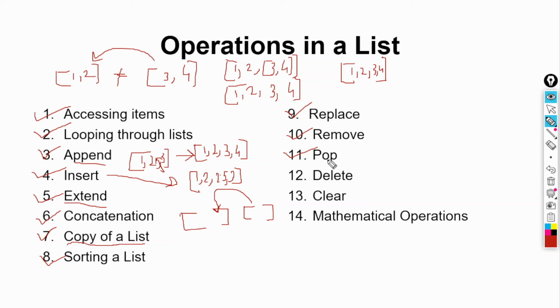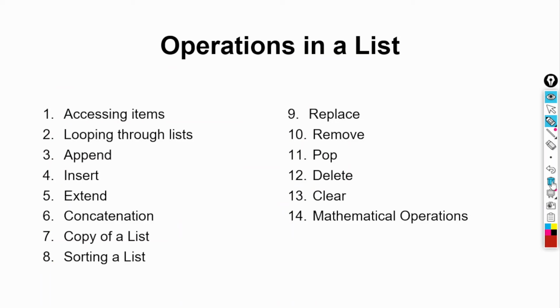Same as pop. Pop is just used to pop any item. Delete is used to delete the entire list, and clear is used to clear the list so that the list becomes blank again. Also, a list can perform many mathematical operations, which we'll be understanding in detail.